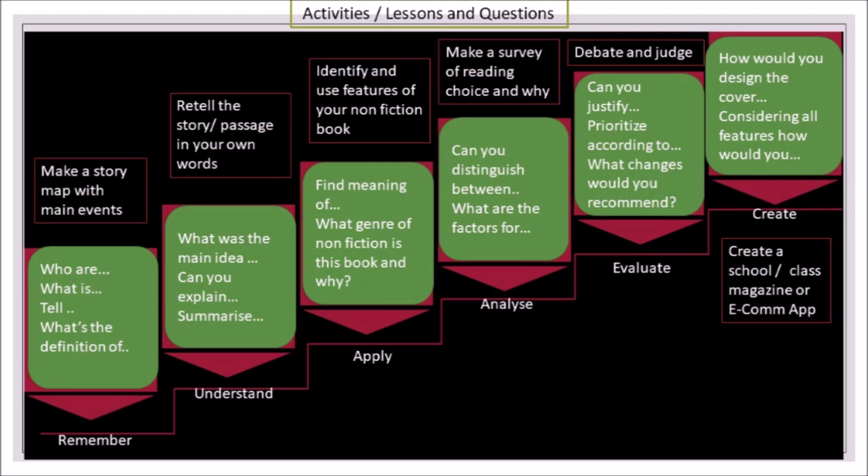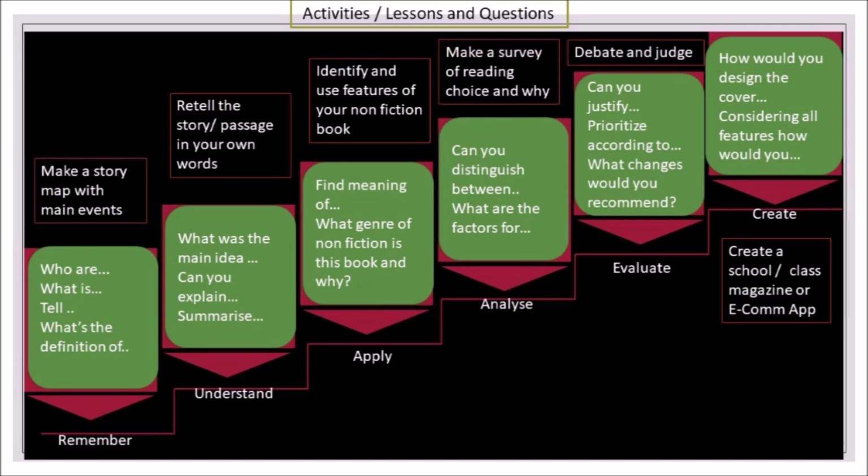For higher order thinking skills of evaluate, for example, we organize debates where students justify, prioritize, suggest changes on issues, policies, and so on. Highest level of learning in Bloom's taxonomy is create.